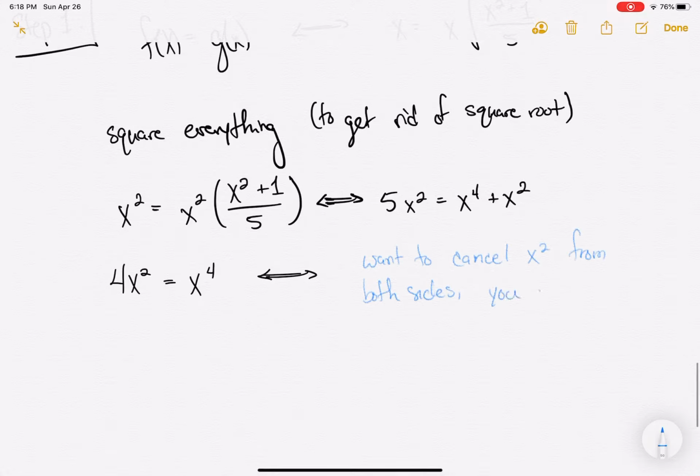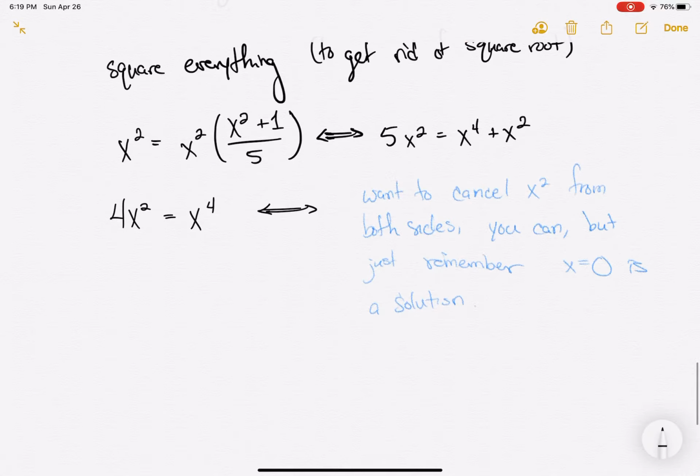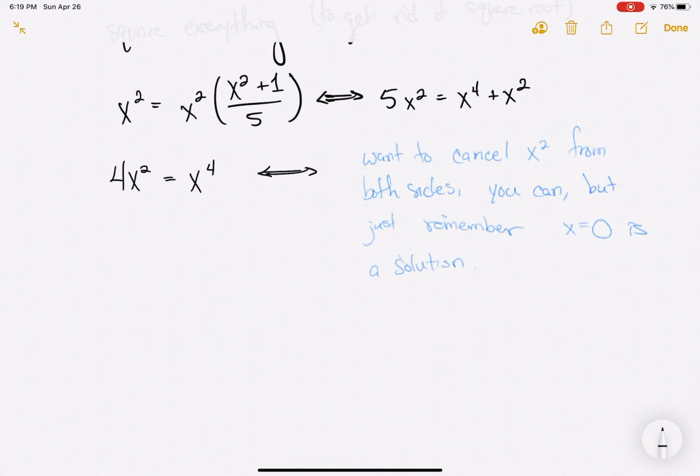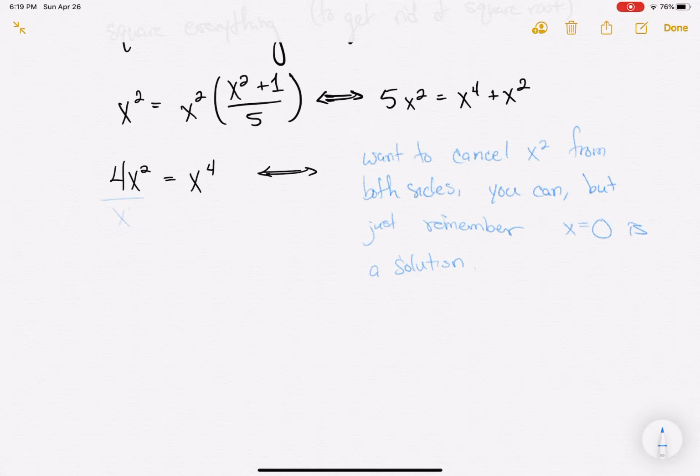And you can, but just remember x equals 0 is a solution then. If you're canceling x from both sides, that clearly means that x equals 0 is a possible solution. Okay, so we cancel both sides with x squared.